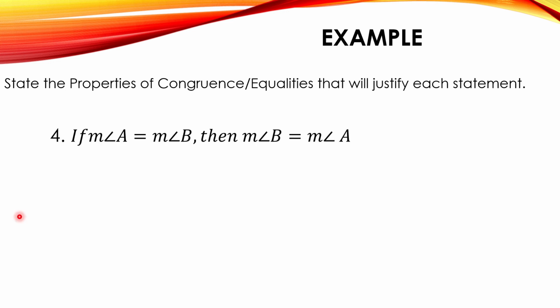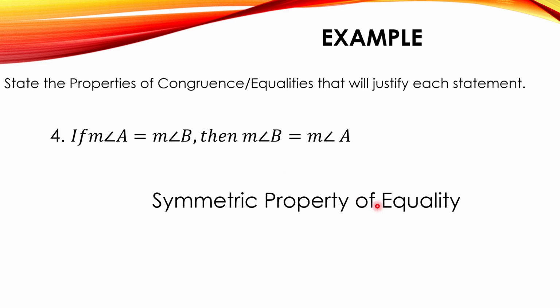Let's proceed to number 4. If the measurement of angle A is equal to the measurement of angle B, then the measurement of angle B is equal to the measurement of angle A. So notice the symbol is for equalities. Very good. Therefore, this is, yes, the symmetric property of equality.